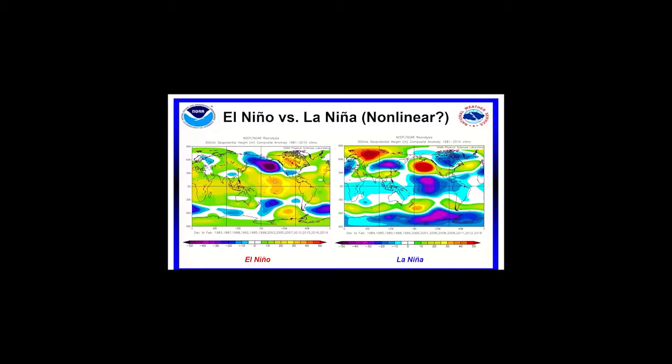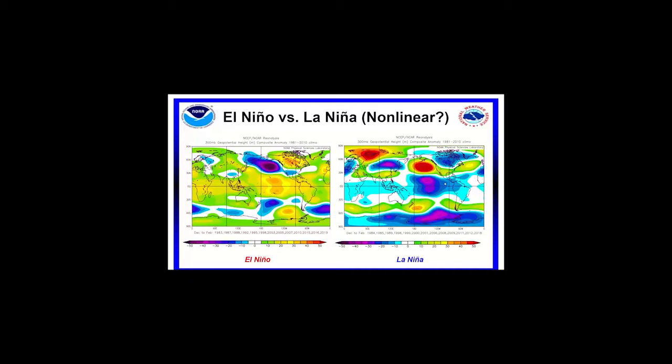If you look at the main centers of action, southeast of Hawaii, the North Pacific, between the West Coast and Hudson's Bay, they're very, very similar. There are some differences over Eurasia, where traditionally we don't think about ENSO footprints as much anyway, which is, again, interesting.